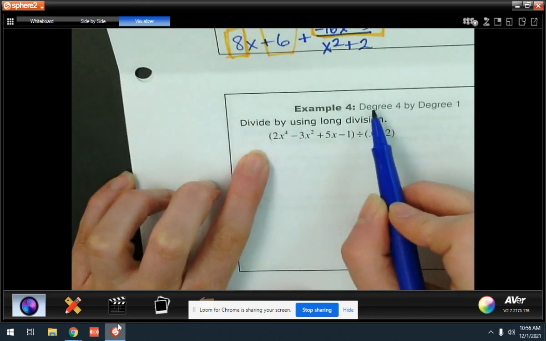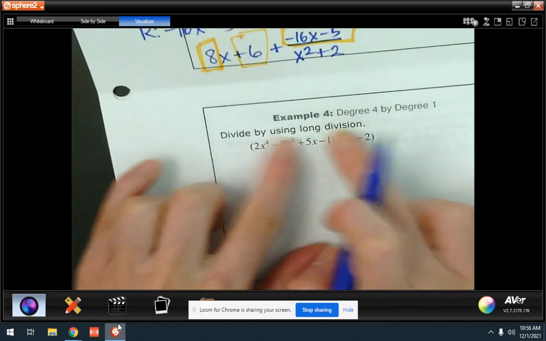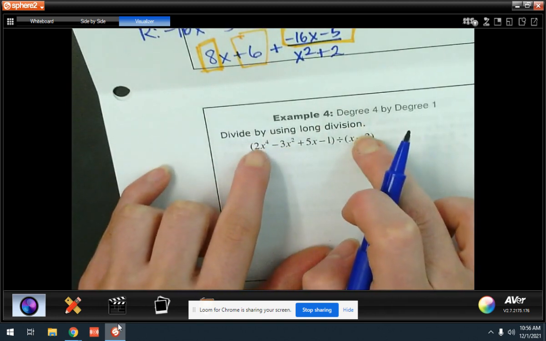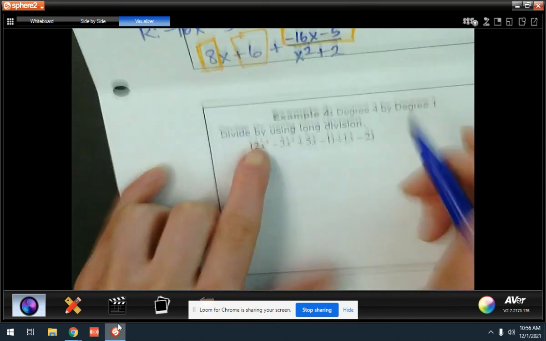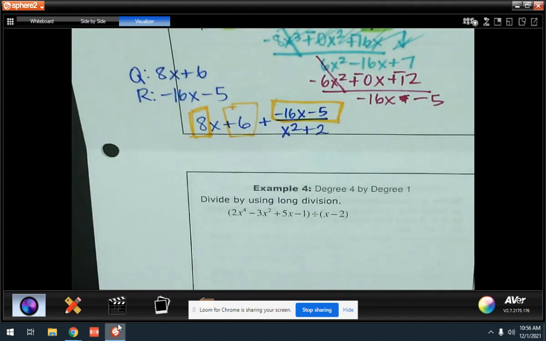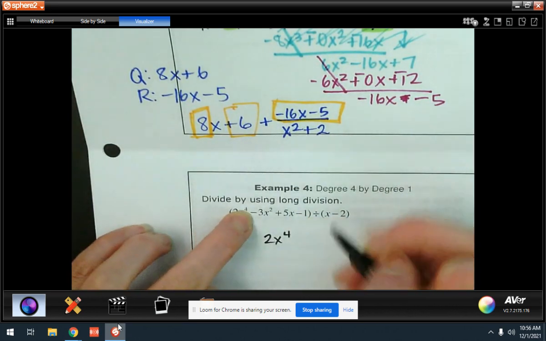Now we're up to degree 4 by degree 1. This part takes the longest because the further the divisor is from the dividend in degrees, the more steps you have to go through. And we need some placeholders. So for our setup, 2x^4, and we're missing the x cubed term.